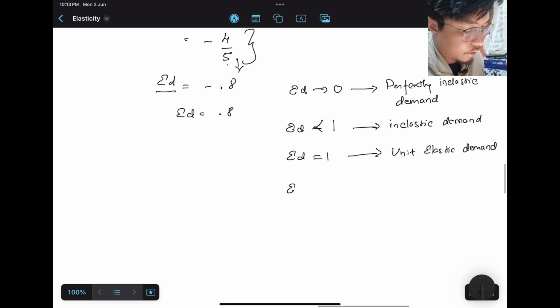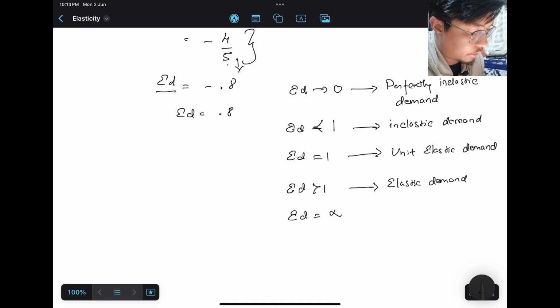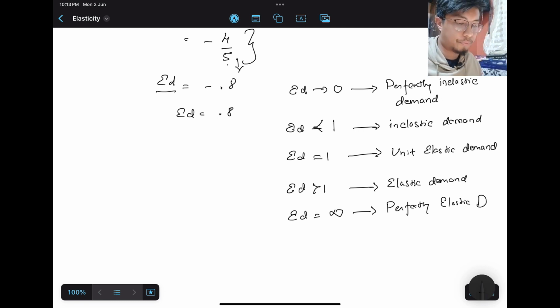If your ED is more than 1, then you have elastic demand. And if ED is equal to infinity, then you have perfectly elastic demand. Okay, so there are different degrees to it, and now this is more like a litmus test.